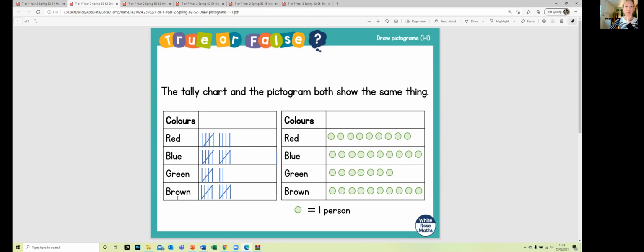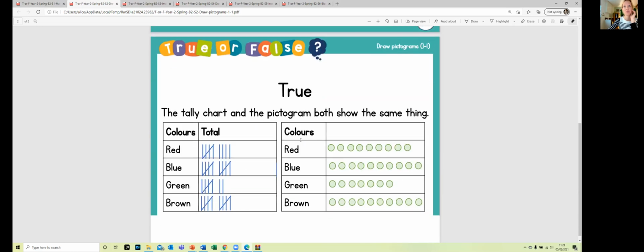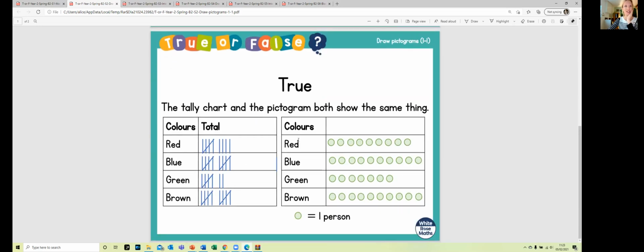So it was your job in this question to count up the amount of tallies for each colour and to see if that matched the pictures in the pictogram. So if you did it right, you would have known that it was true. The tally chart and the pictogram both show the same.